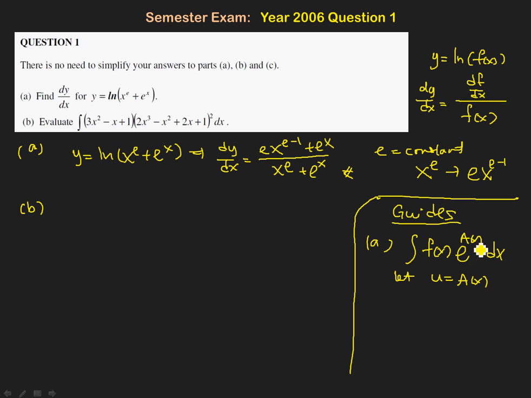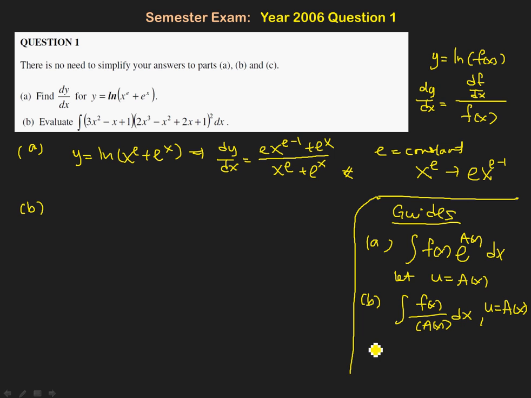And suppose you have f(x) over a(x) as your denominator, again it is normally a good guide to substitute the denominator by u.